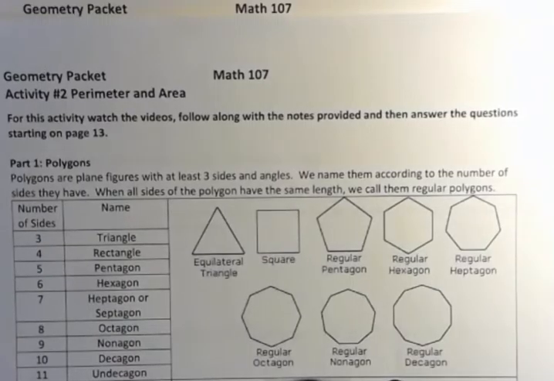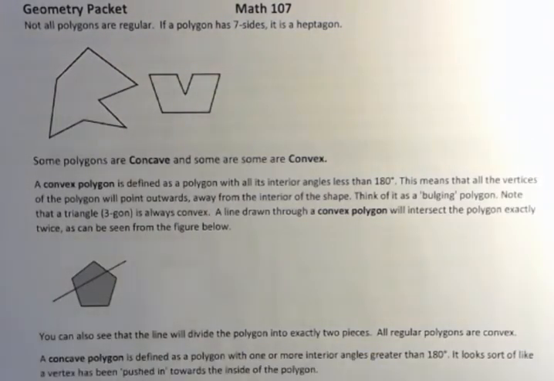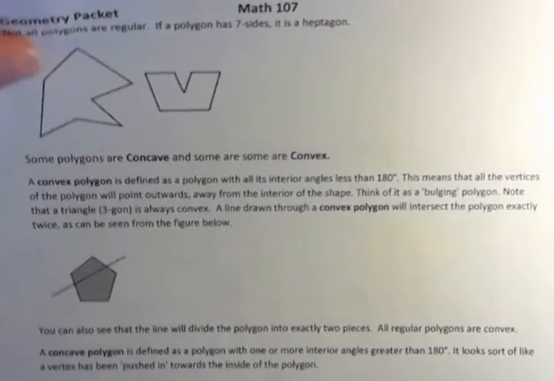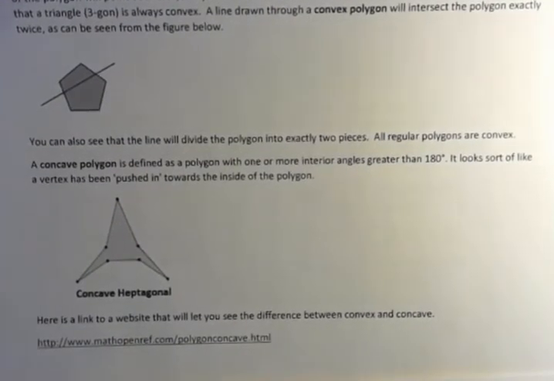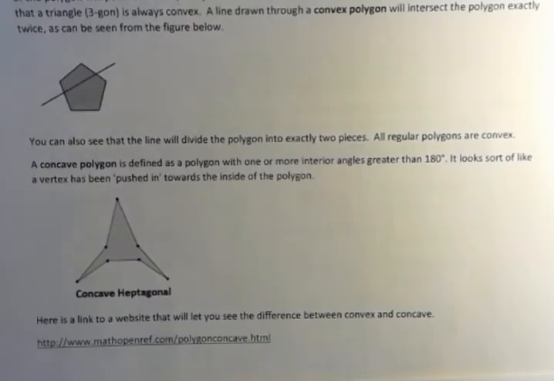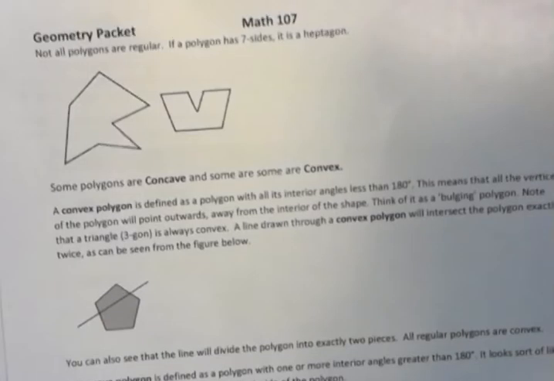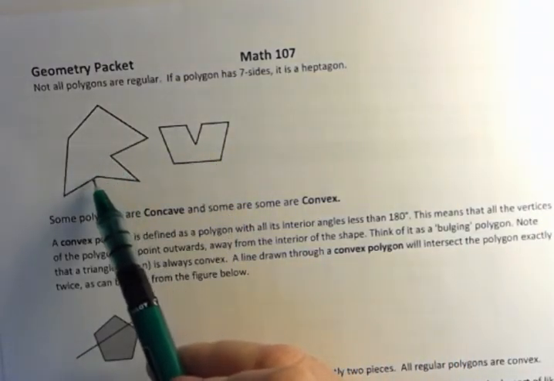One of the things that they say in here that I should have said already is that when you have something that's concave, some of the vertices, which remember are the point where those 2 things come together, some of the vertices seem to be pointing in towards the center. And so when you have that, you know it's concave. So when we look at this one up here, this right here, this vertex is pointing toward the center. So is this one, so is that one. That's how we know they're concave.